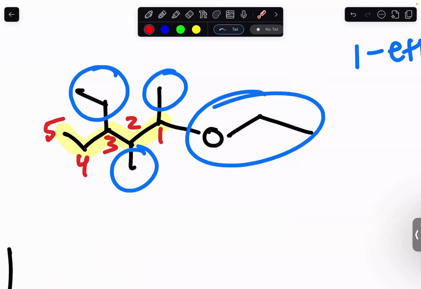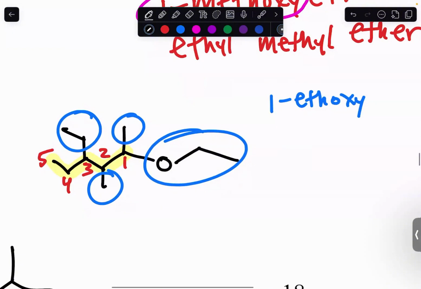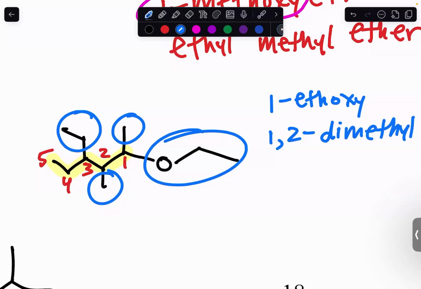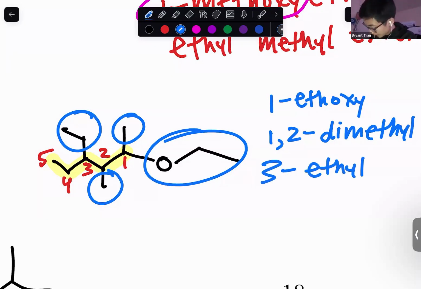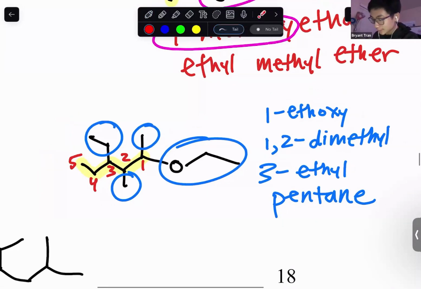So this is 1-ethoxy, 1, 2-dimethyl, and then 3-ethyl. And we have pentane as the base name, right? So now we have our list of substituents.